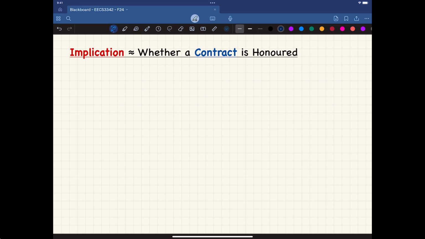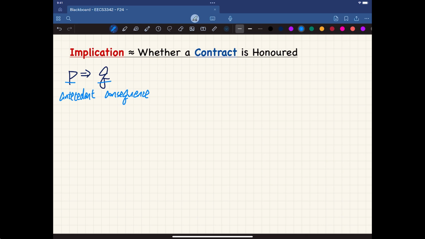So here we have P implies Q. P here is the antecedent, and Q here is the consequence. Later on, when we get to the case study, we're going to use something called sequent calculus. We definitely need implication to really understand the meaning of sequent calculus, but we'll get there.